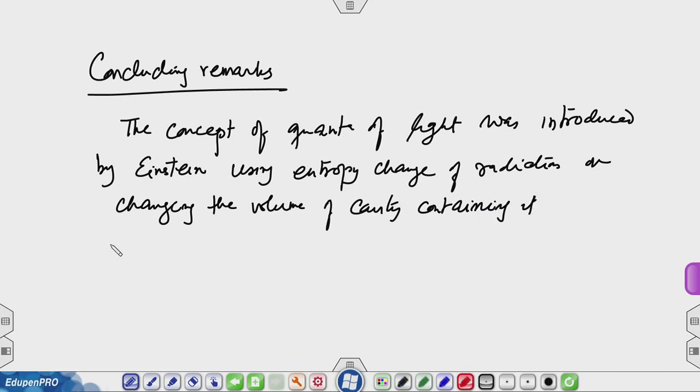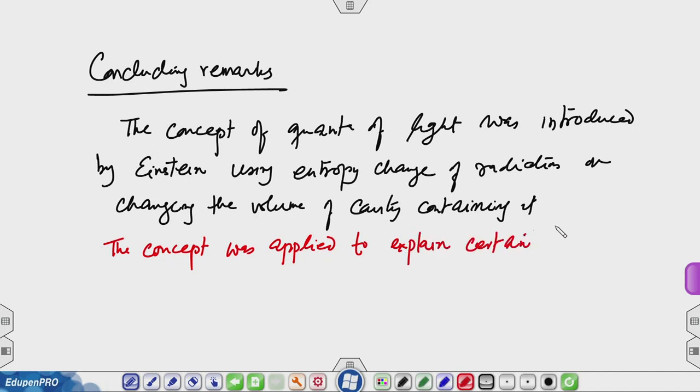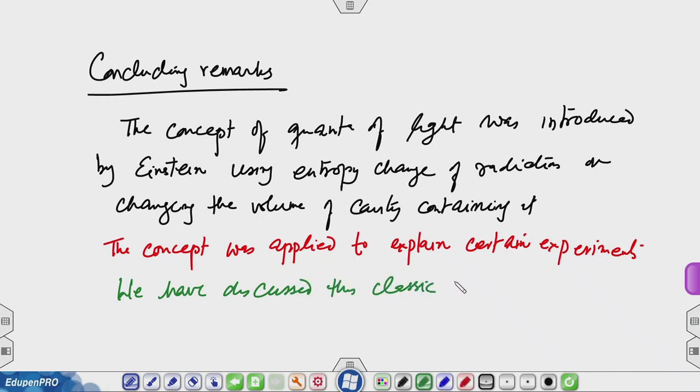And the concept was applied to explain certain experiments. So, in this lecture, we have discussed this classic work of Einstein. Thank you.